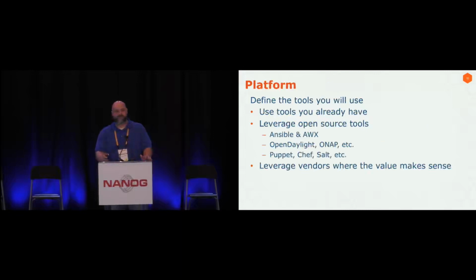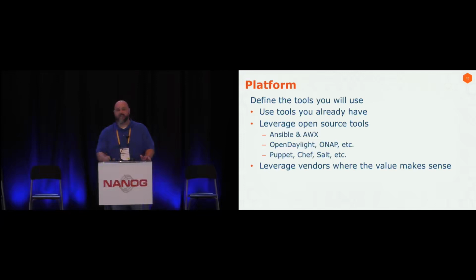So platform, try to do a check of what you already own as a company. Don't go out and start buying things before you know what your other groups have. You may have licenses not being used for tools that you're talking to a vendor about, so you may be wasting money. You need to make sure you do that inventory of what you have. Try to leverage those tools.